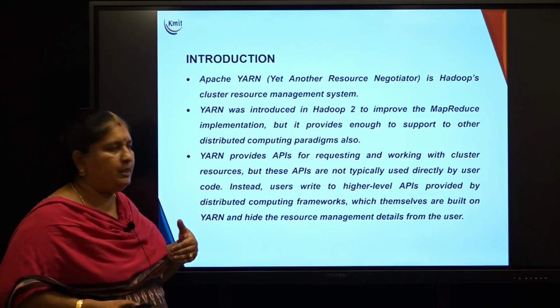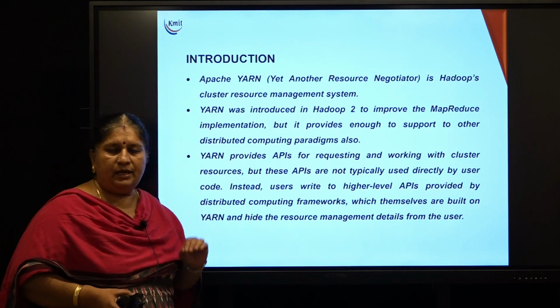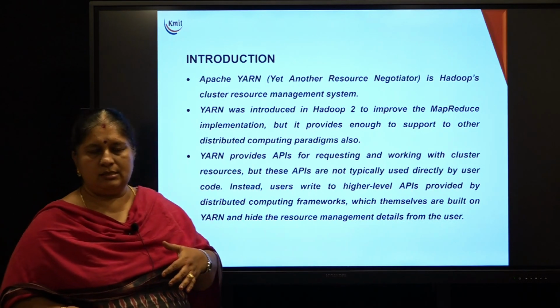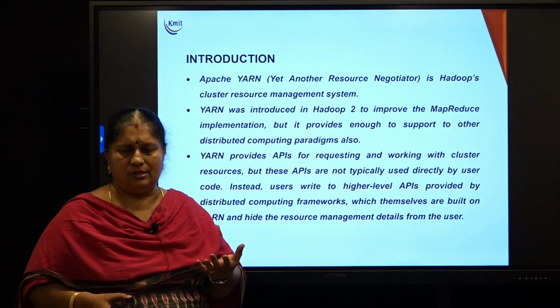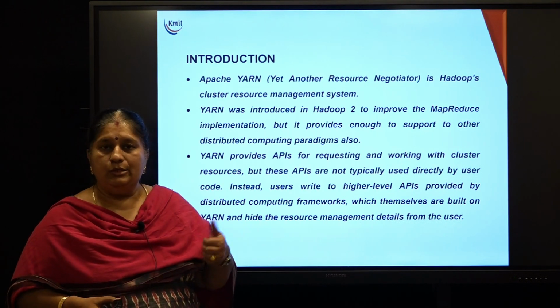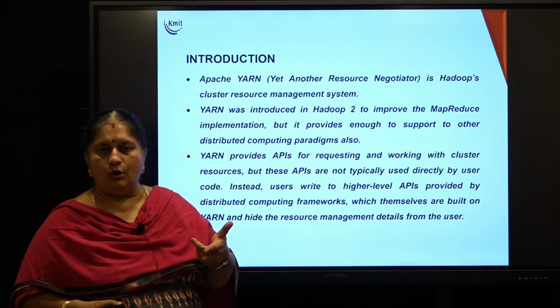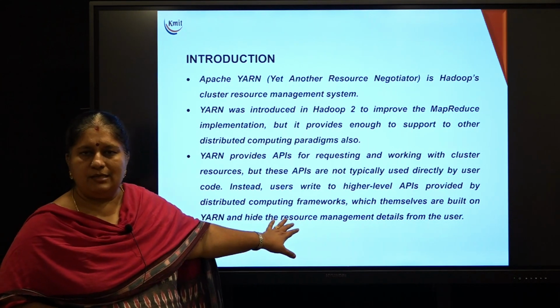So it started coming into the picture from Hadoop 2 onwards, and it provides APIs for requesting resources and using the resources. What are the resources? Just like in an operating system, the major resources will be storage, CPU time or processor time, IO devices, and so on.